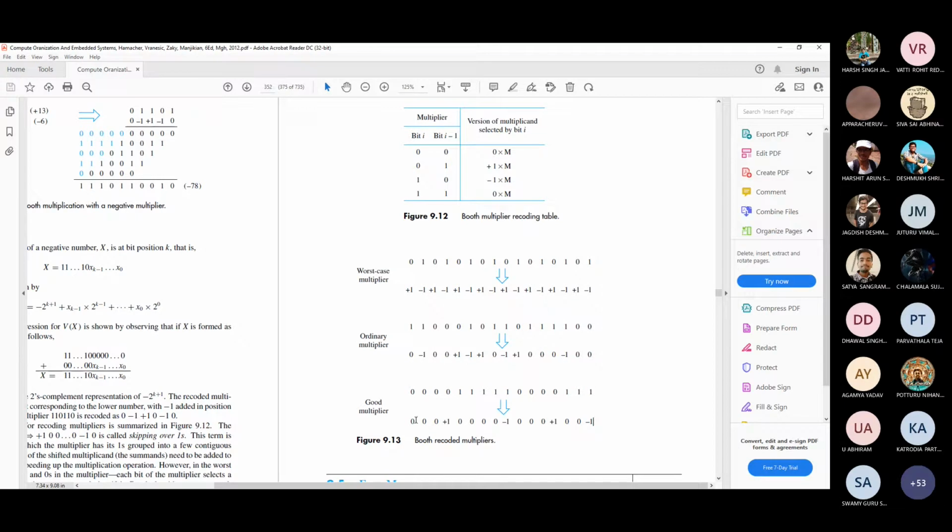This is an example of a good multiplier. If you apply the original multiplier, your adder should be active 8 times. If it is a Booth multiplier, your adder should be active 4 times. So you are saving 4 addition times.